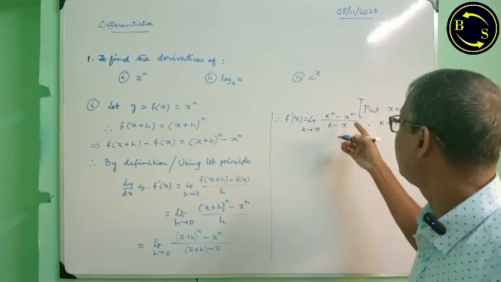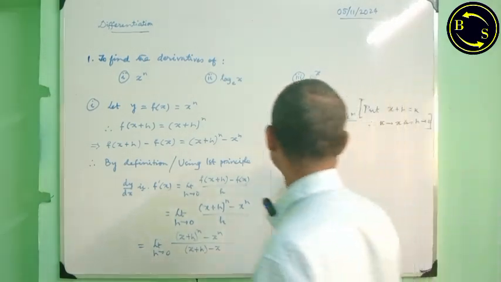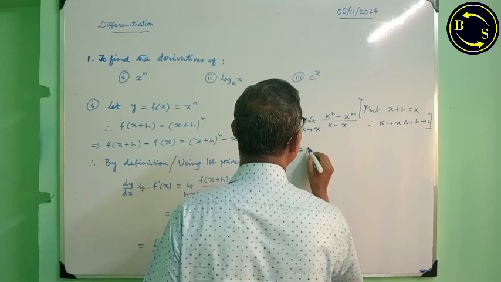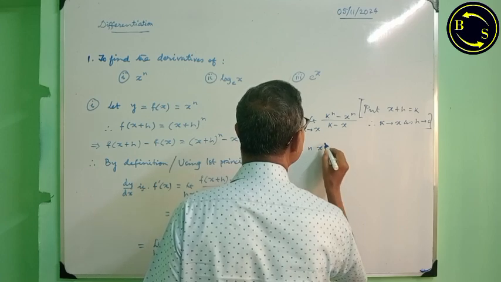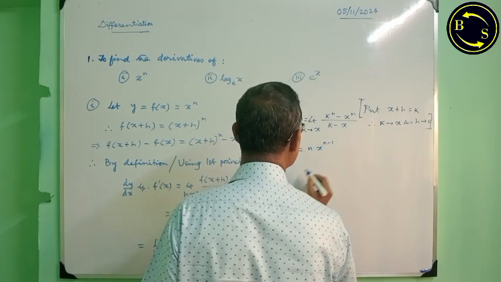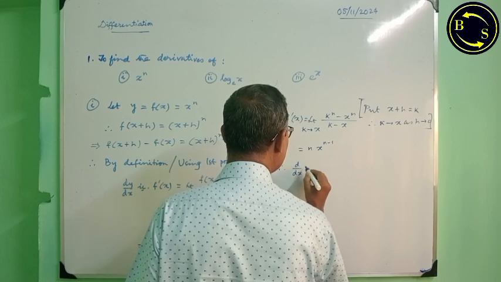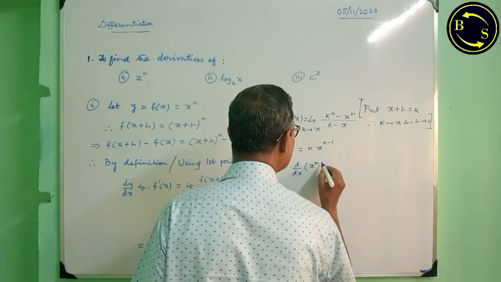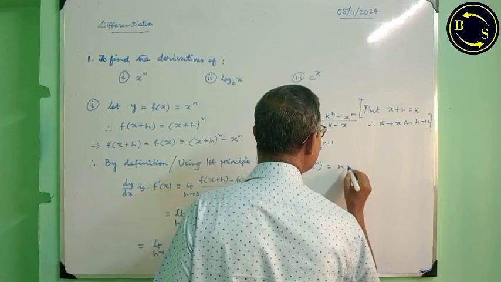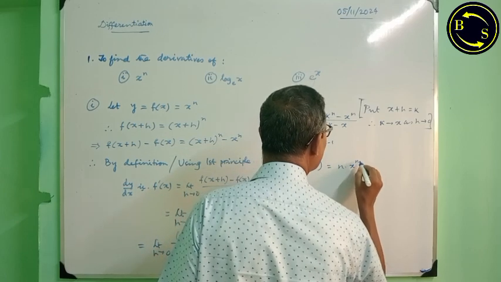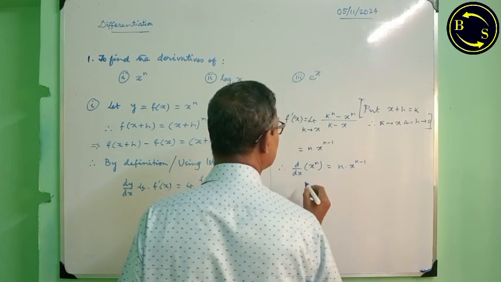Here a is x, therefore this is equal to n x to the power n minus 1. Therefore finally d by dx of x to the power n is equal to n into x to the power n minus 1.